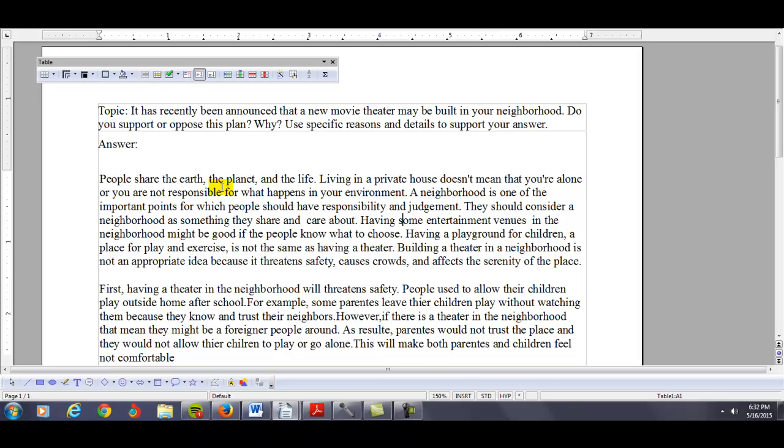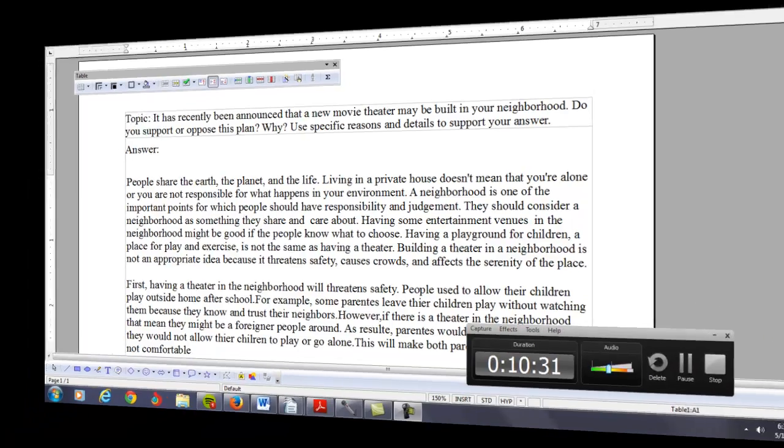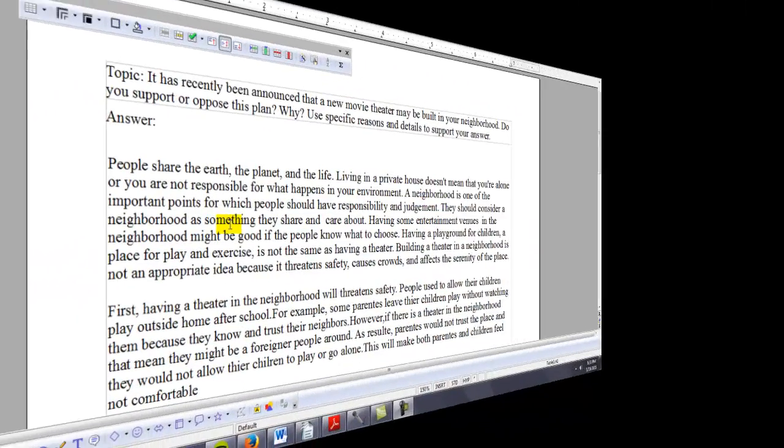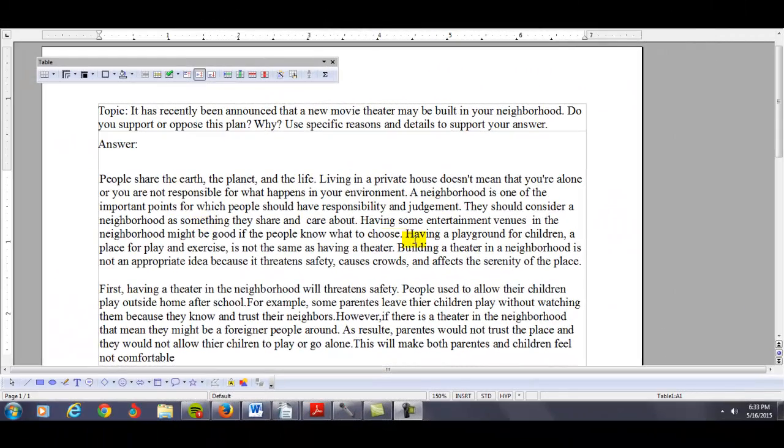Again, it's just making all your sentences tie together is really the biggest issue. It looks like your first paragraph is where you're having the most difficulty with your cohesion. Your other paragraphs are not that bad. Okay, let's see how we can connect this.